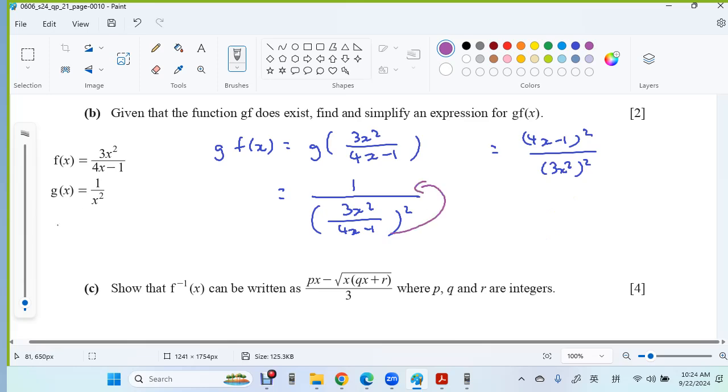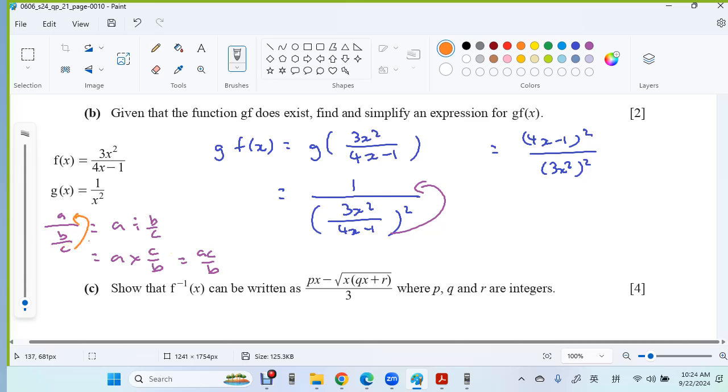We know that if we have a over b over c, then it will become a divided by b over c, then it will become a times c over b. So this is ac over b. It's the same as moving the c above.